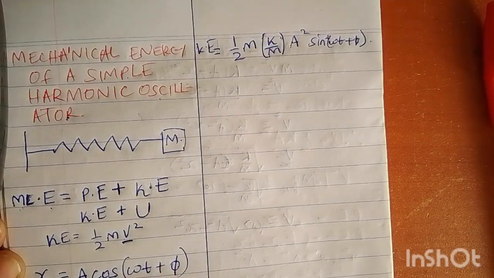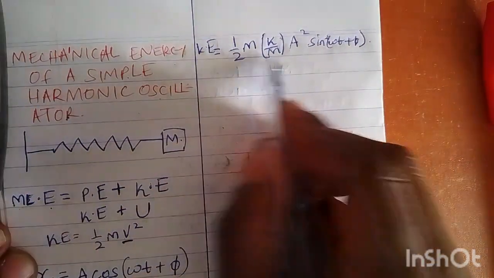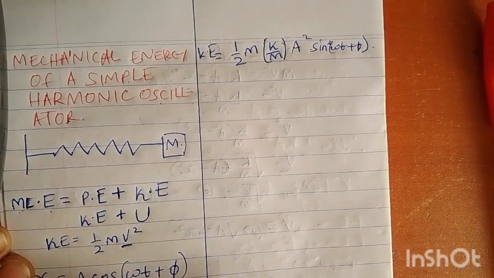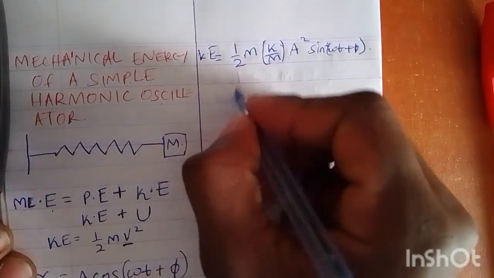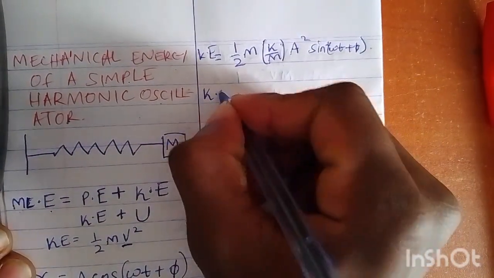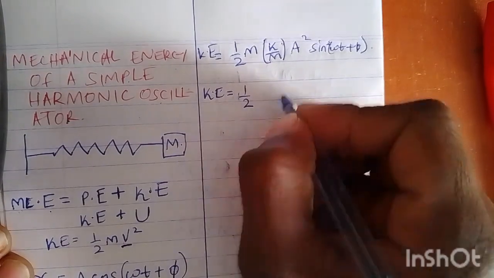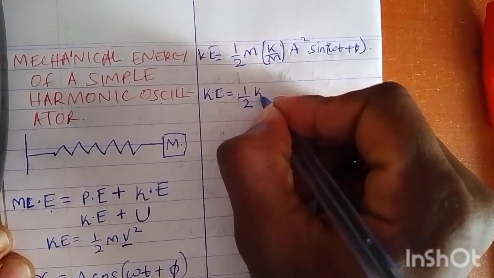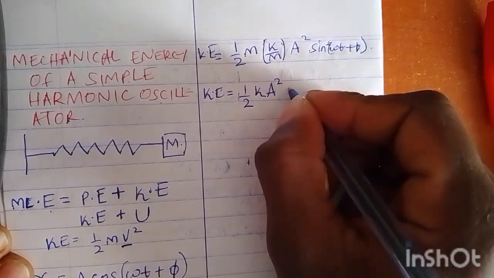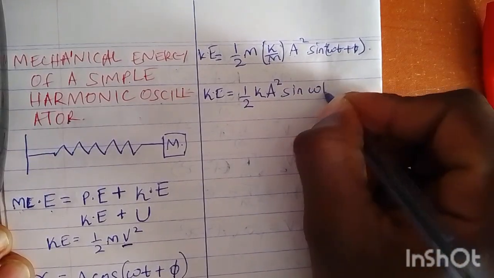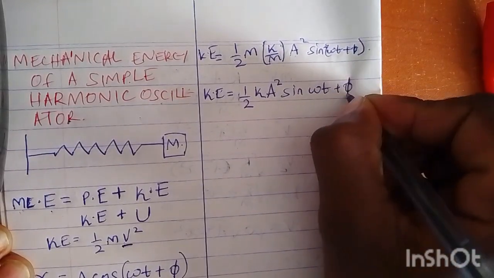After simplifying, kinetic energy is given by half k A squared sin squared(omega t plus phi).